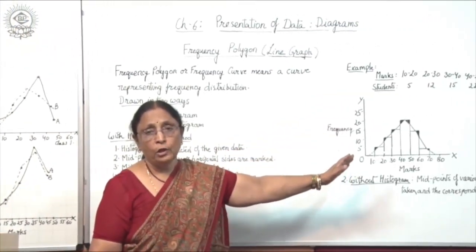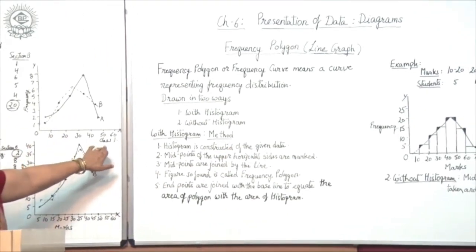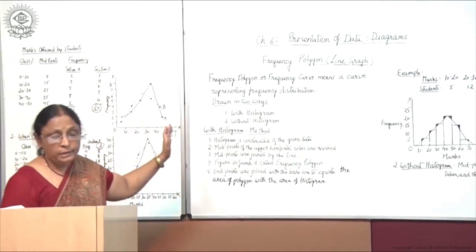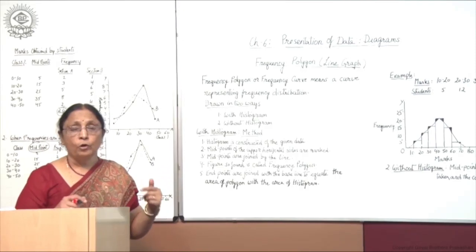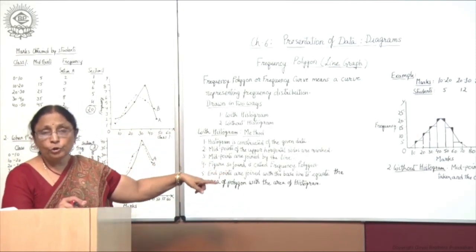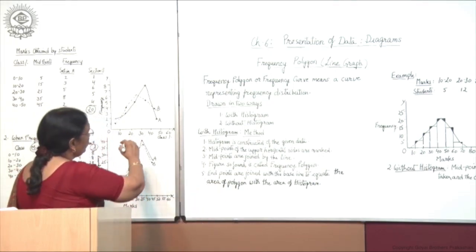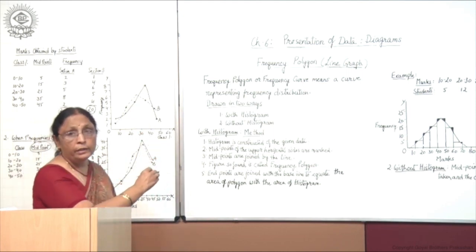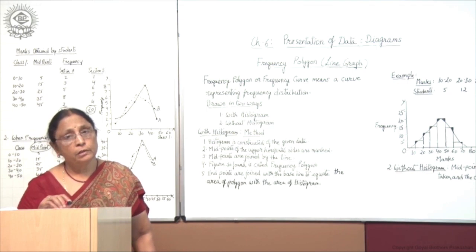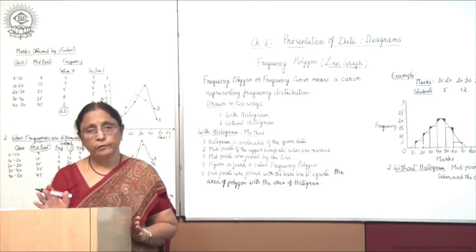As I told you earlier, always take the lower limit of the class interval on the x-axis and frequency on the y-axis, and secondly, always first find out the midpoints and then draw the curve. Don't draw the curve without getting the midpoints, and join the midpoints with a line and label it with different colors or different symbols or lines to distinguish between two frequency curves.